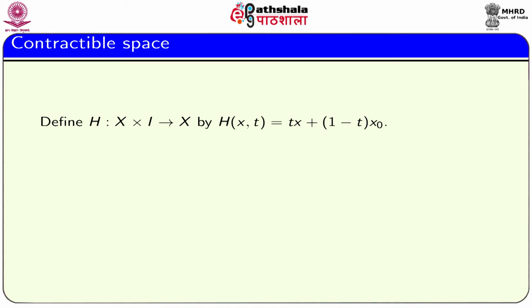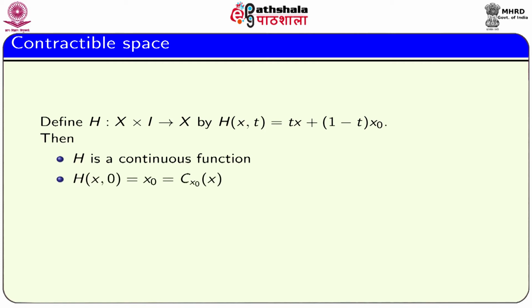Define H from X cross I to X by H(x, t) equal to tx + (1 - t)x0. Then this capital H is a continuous function. H(x, 0) is x0. That means it is equal to C_x0 evaluated at any point x.